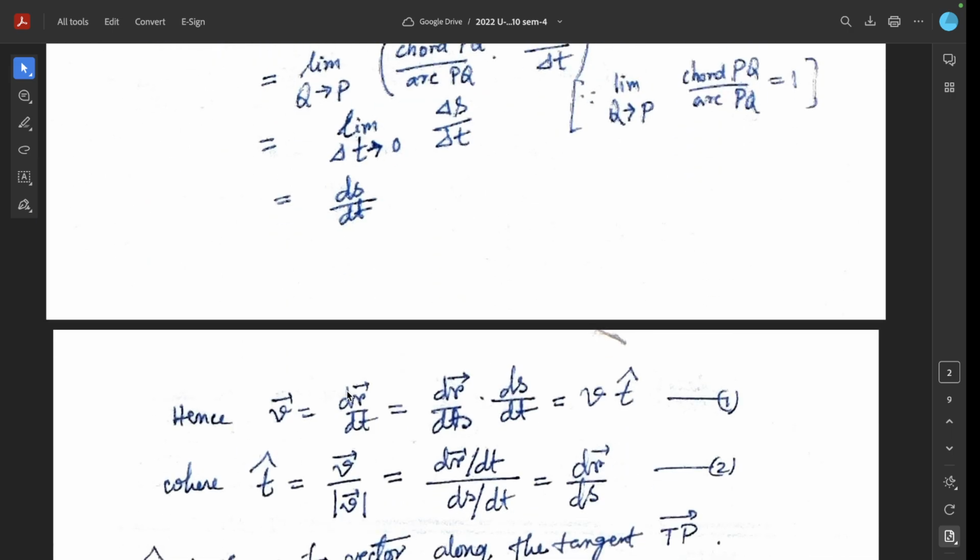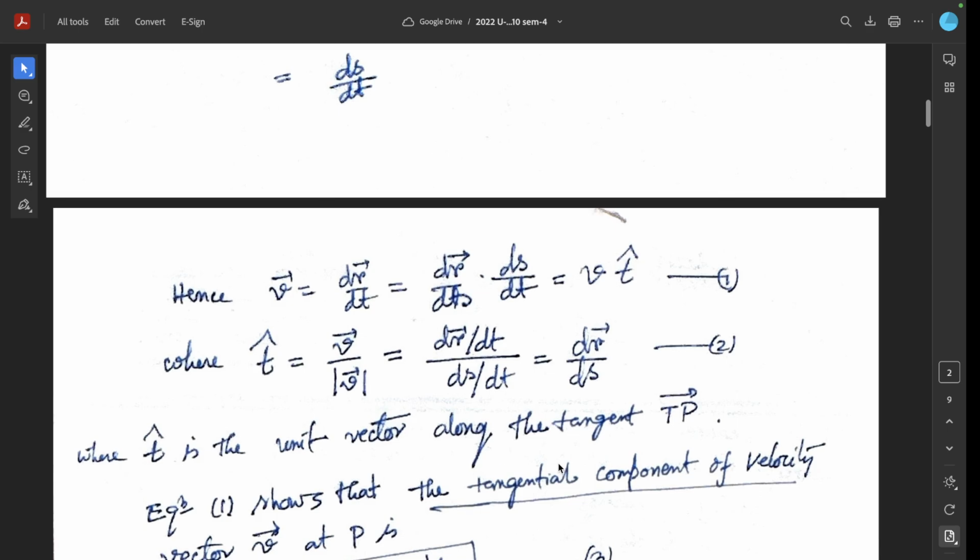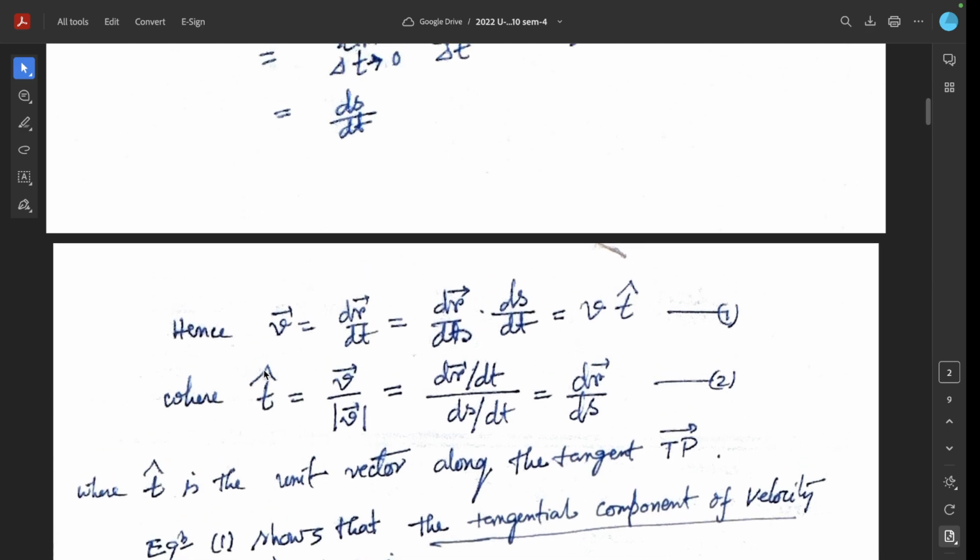Hence v vector equal to d/dt of r vector, this equal to d/ds of r vector into d/dt of s. So d/dt of s is v, and this equal to v into t cap. This t cap is the unit vector along the tangent TP; t cap is the direction of v vector.